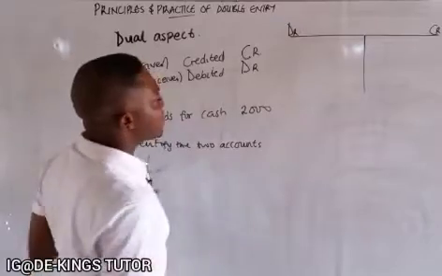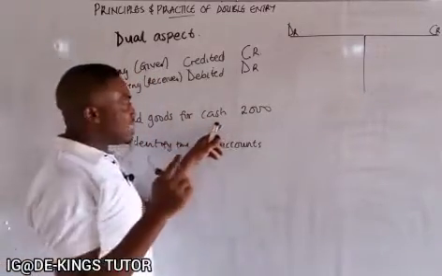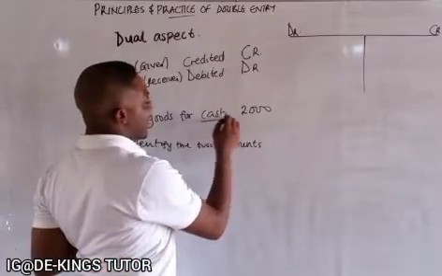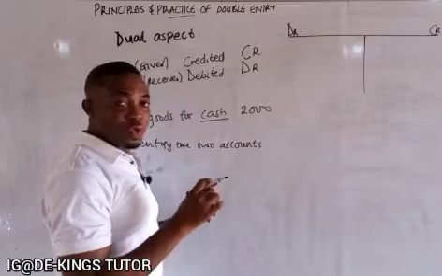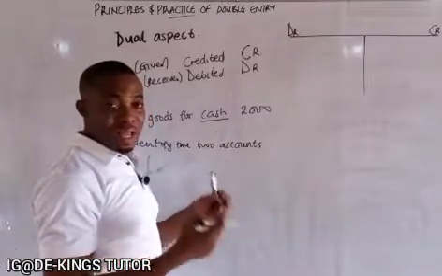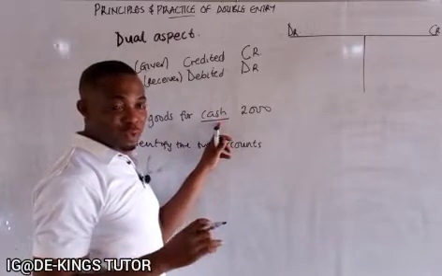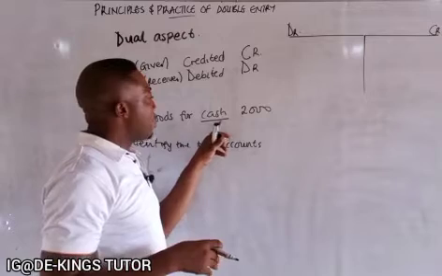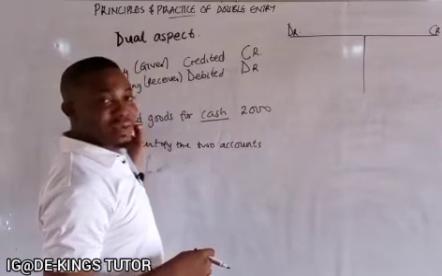For instance, if I say sold goods for cash, the two accounts that I can see here are cash and sales. It says sold goods for cash. It means a retailer sold goods, so he sold it for cash, not on credit. If it's for cash, every cash transaction goes to the cash book. We are going to see the cash book in this channel. So every cash transaction goes to the cash book, and the next account is sales.